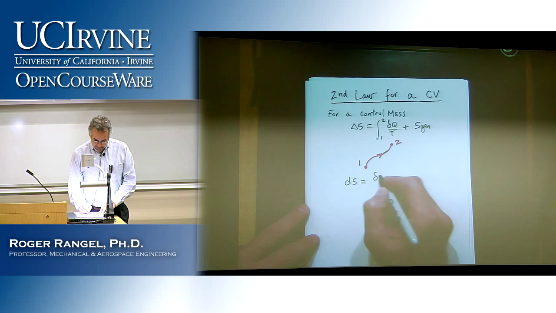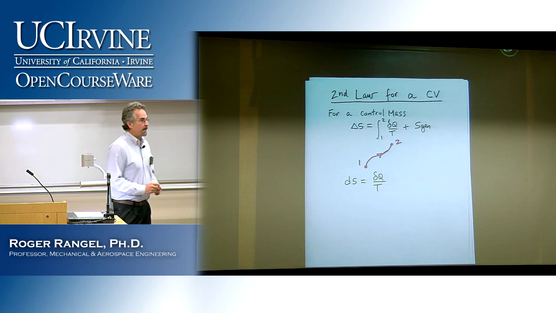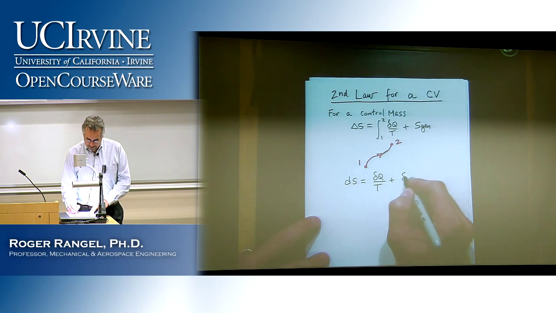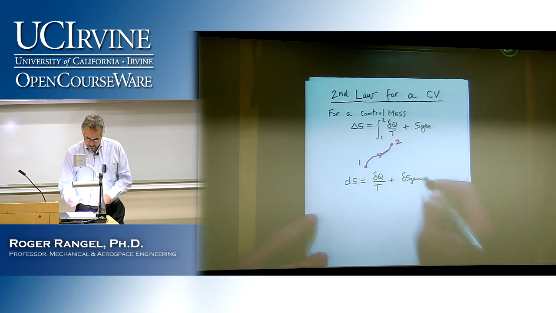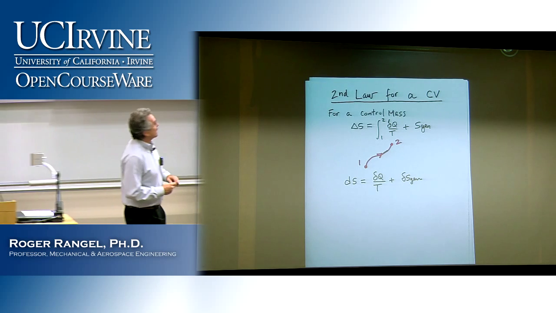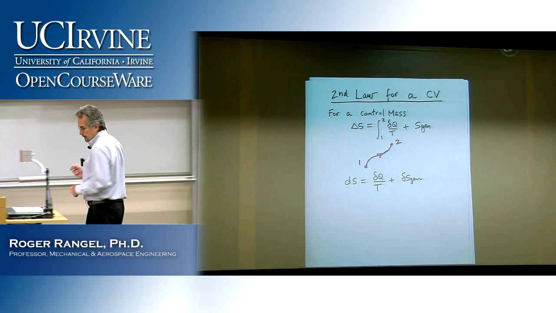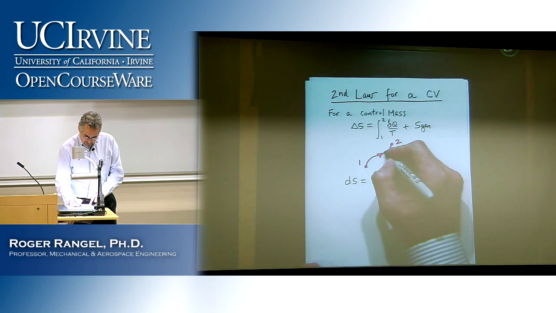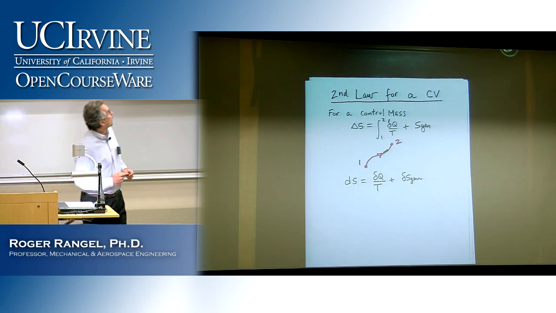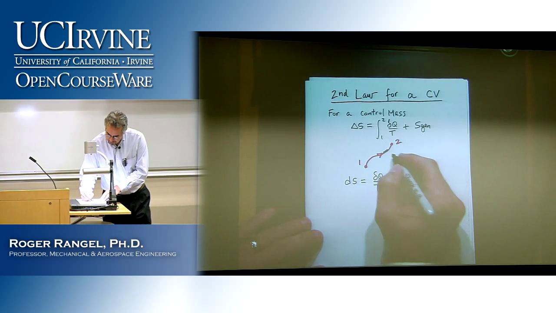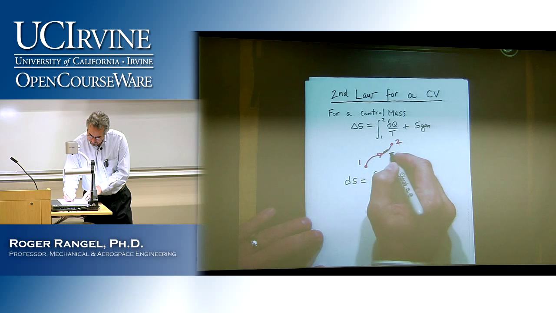Of course, the integral would disappear, and then we would have a differential amount of entropy generation. Same equation, but now written for this infinitesimal segment of the total process. So let me put a little arrow here. So this applies to this.